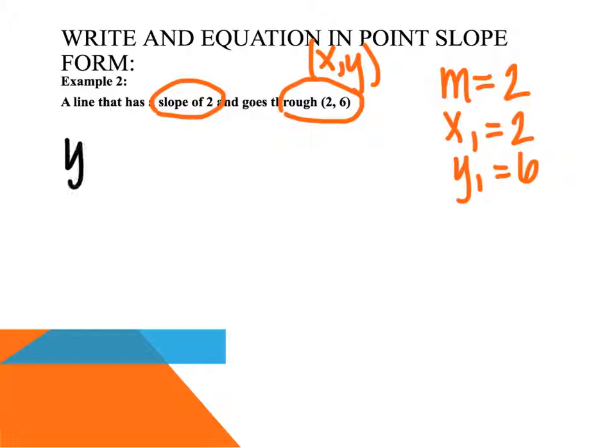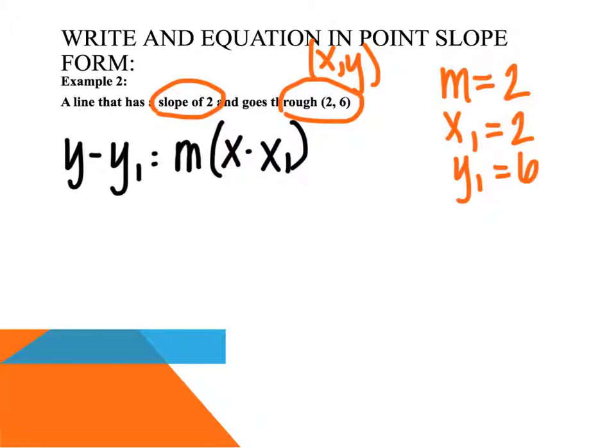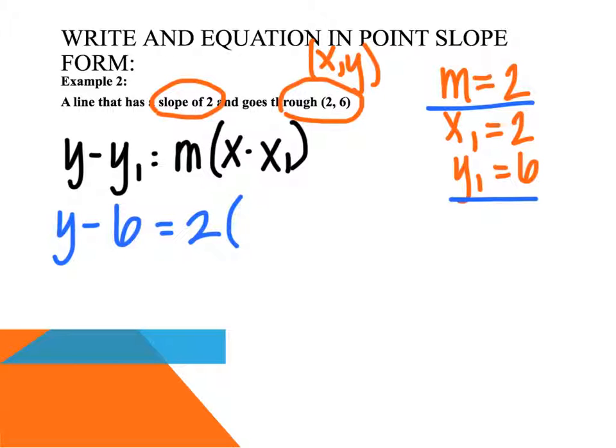The formula is y minus y1 equals m times x minus x1. If I fill in the information, I get y minus my y value of 6 equals my slope of 2, and in parentheses, x minus my x value of 2.